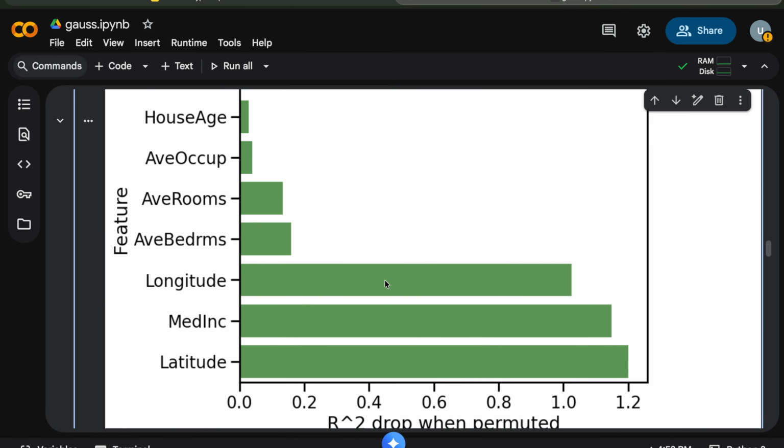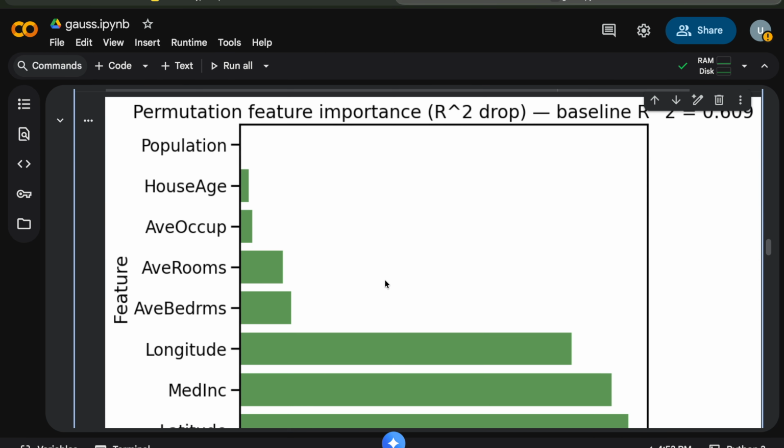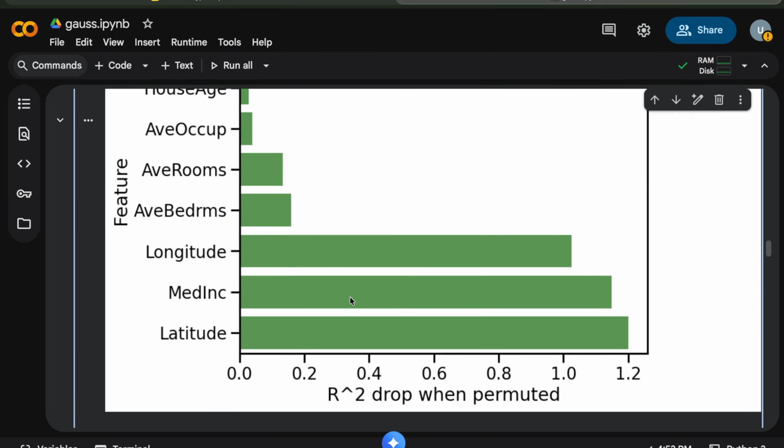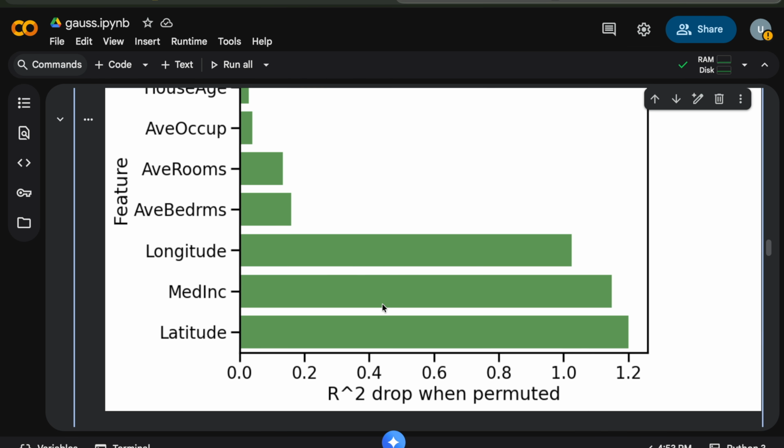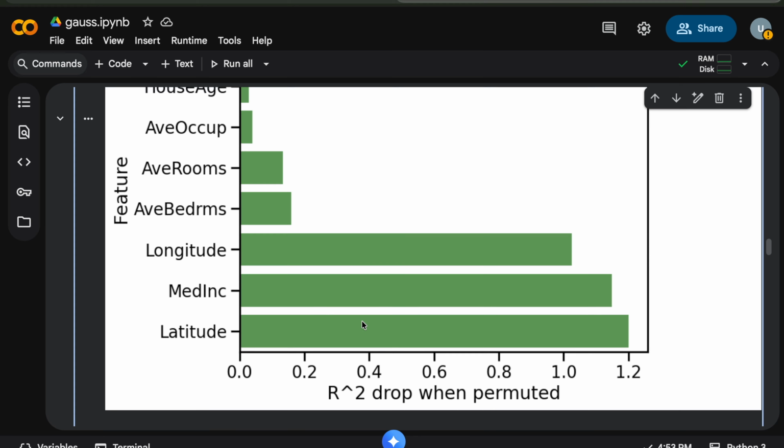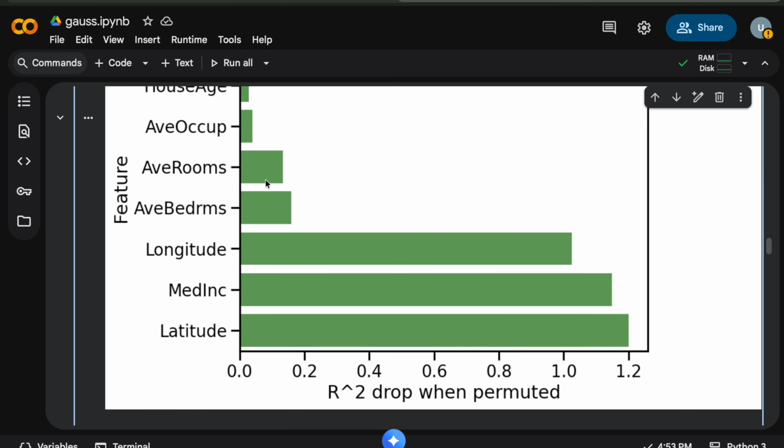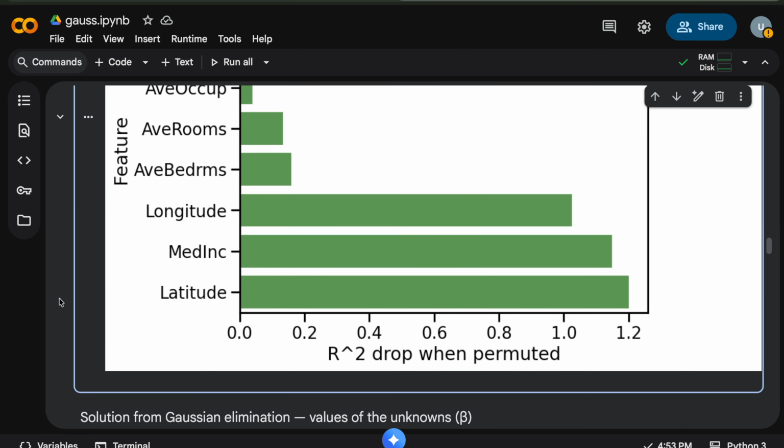What this analysis means is that median income, latitude and longitude are very important in predicting the price of a particular house. These three features affect the price of a house very much, basically the location and the income around that location. Average bedrooms and average rooms are the third or fourth most important features.